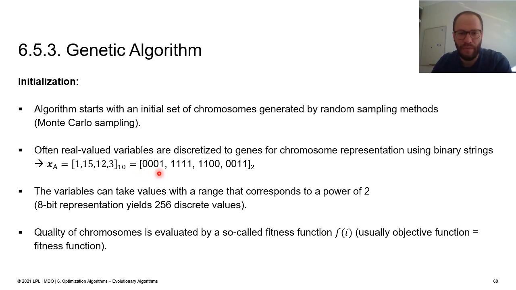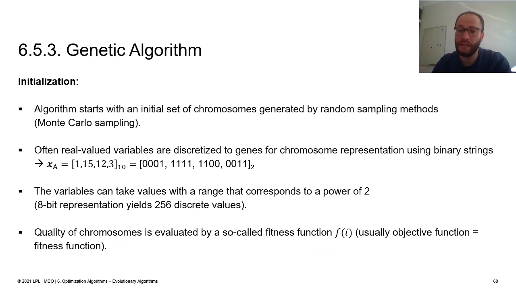So here's now the binary representation of those numbers. And these are our chromosomes. The variables, of course, are then limited to the bit representation numbers. So for 8 bits, we have 256 discrete values that we can realize. And the quality of the chromosomes is then evaluated by so-called fitness functions.